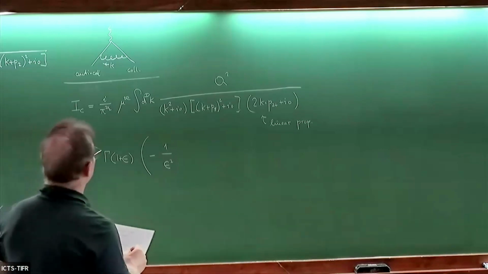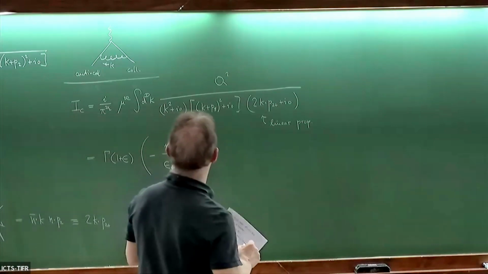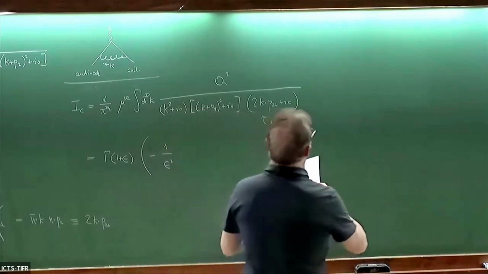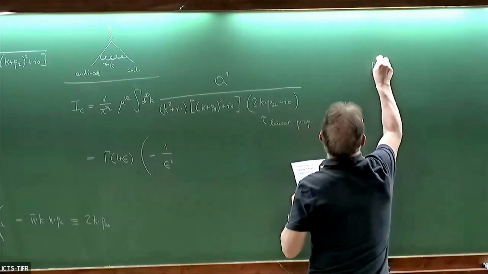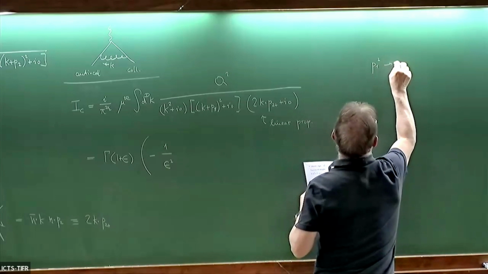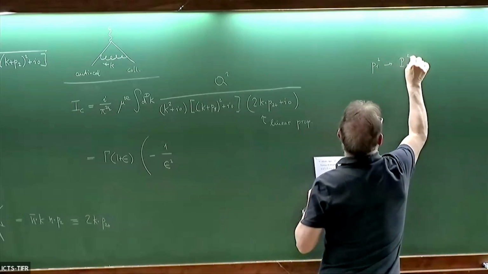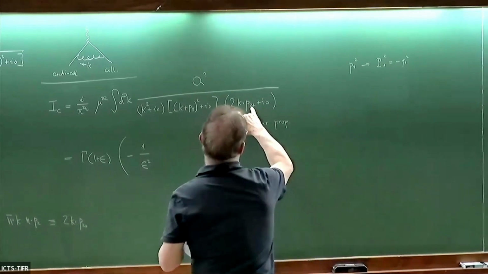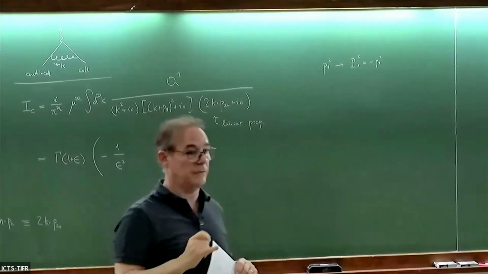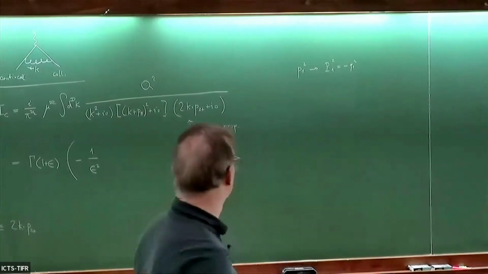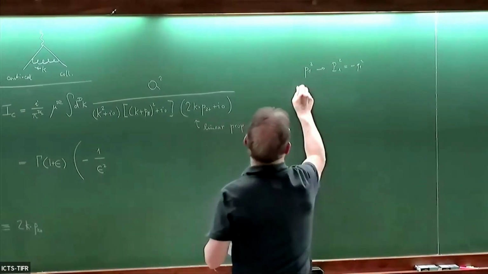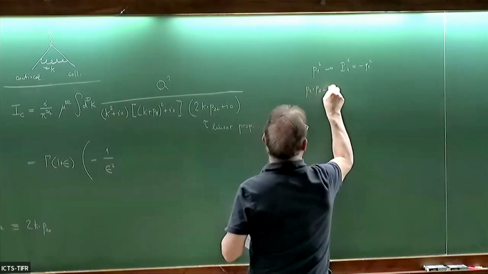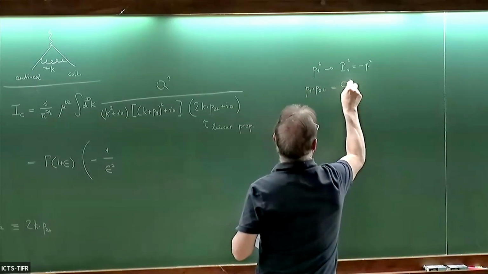You can ask, what can this integral depend on? In the integrand we have p1, so it can depend on p1 squared, obviously, which was our variable, minus little p1 squared. p2 plus, remember, is a light vector. If we square it, we get 0. So the only other thing it can depend upon is p1 times p2 plus, and this is 1/2 q squared.